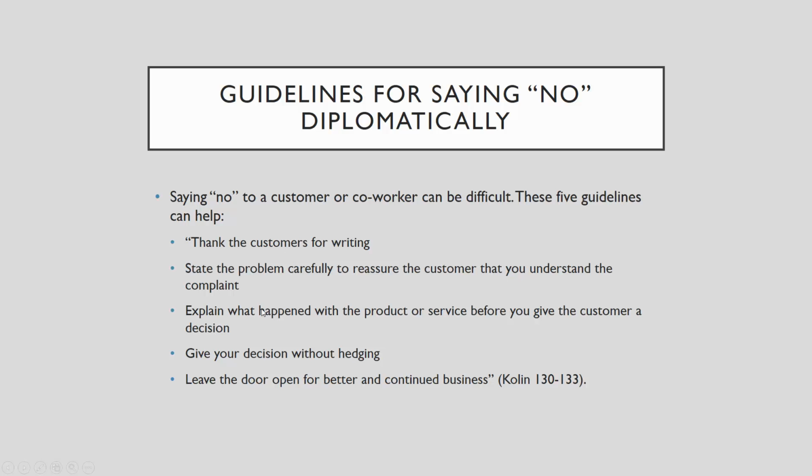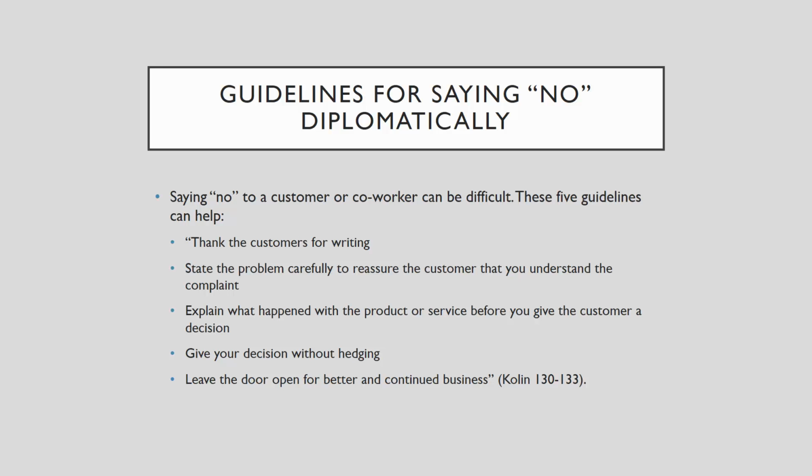Now, in that body paragraph, you can explain what happened with the product or service or issue before you give the decision. But when you do give your decision, you want to give it without hedging. You don't want there to be any gray area, and you don't want to apologize for your decision if you're not at fault. Okay, if you or your company are not at fault, you could feel terrible about the decision you have to give, but it doesn't mean that you have to issue an apology.